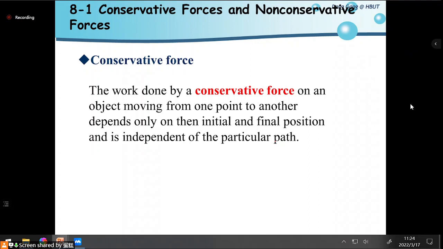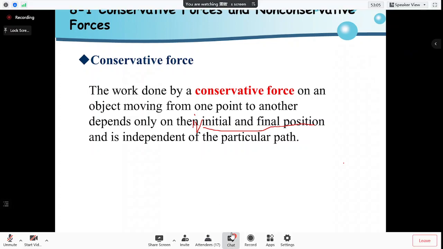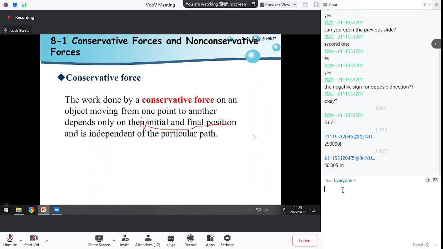The work done by a conservative force on a moving object from one point to another depends only on the initial and final position, not on the path. These forces are called conservative forces.